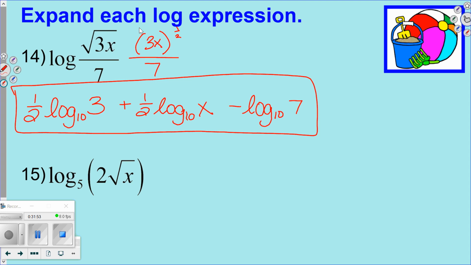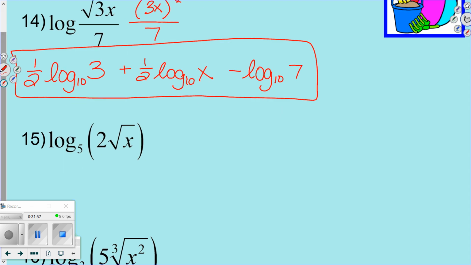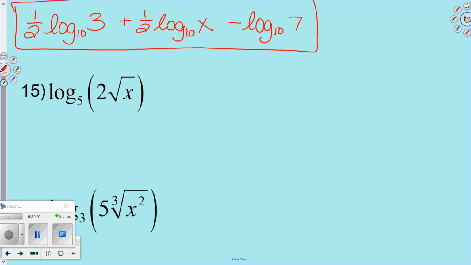It's from knowing how to do this. It's logs. Google runs the world. Google knows everything. All right.